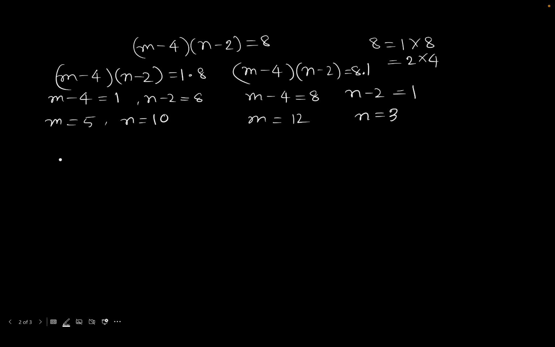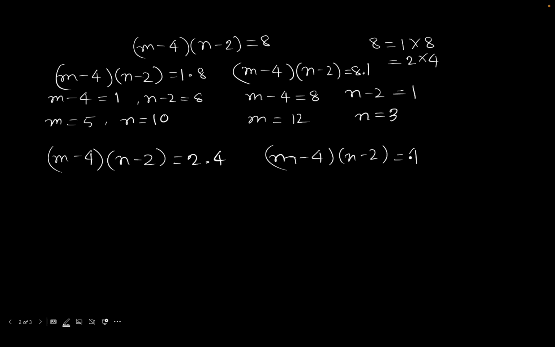And if we take 2 times 4, then we will get (m - 4)(n - 2) = 2 times 4, and (m - 4)(n - 2) = 4 times 2.